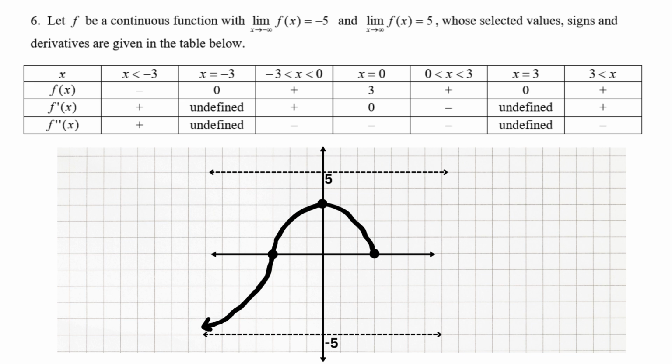F prime is positive, so we're increasing. And f double prime is negative, so we are concave down. So I'm going to draw that piece in, and we can see we're approaching the horizontal asymptote at y equal 5. Okay, that was a little practice with curve sketching.